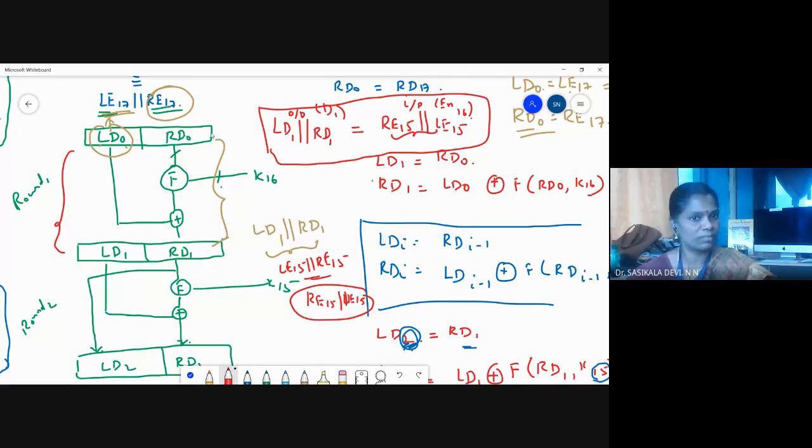So you need to prove that LD1 is equal to RE15 and RD1 is equal to LE15. This proof is mandated. So LD1 added with RD1 should be equal to RE15 added with LE15. Clear?